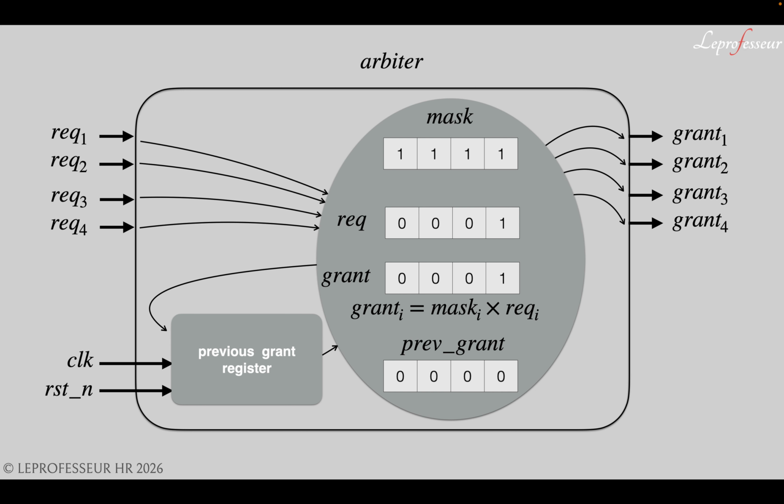The other variable I'm calling previous grant, which will feed the D input of the previous grant flop here. The previous grant was nothing. Now we have given a grant to requester first, so previous grant will have the value 1. You can think of this as a one-hot register.